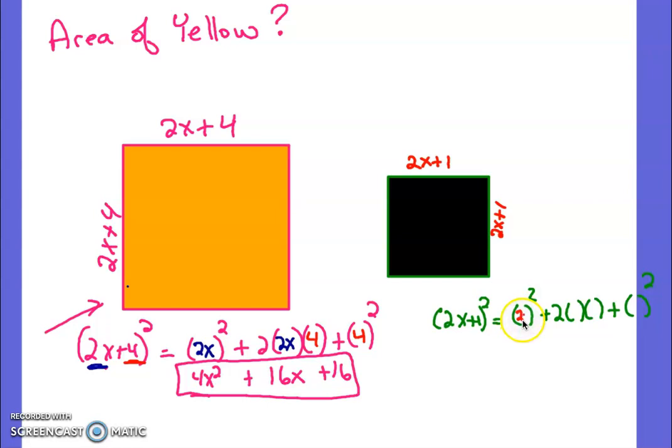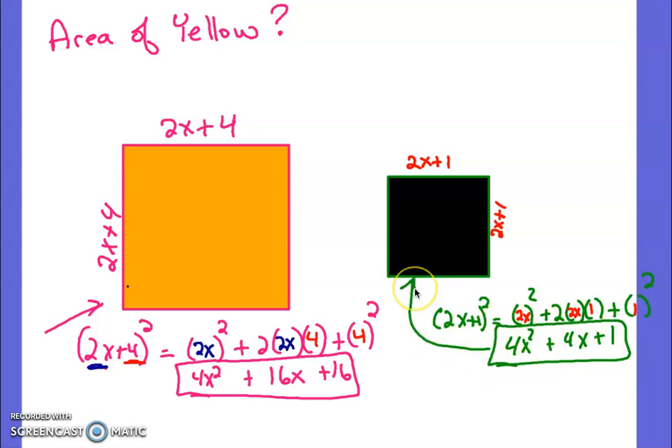So 2x goes in here, then 1 goes in there. So this is going to give us 4x squared plus 4x plus 1. So this is the area of this box right here, of this square.